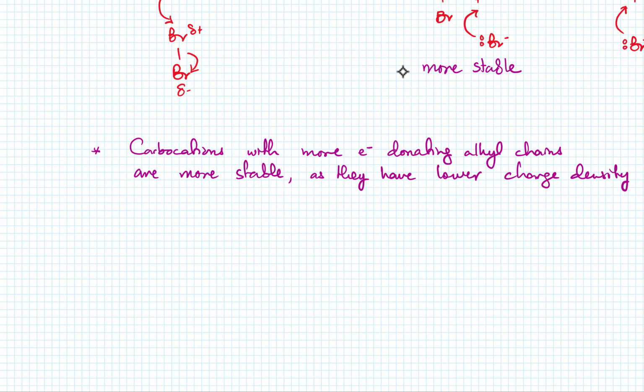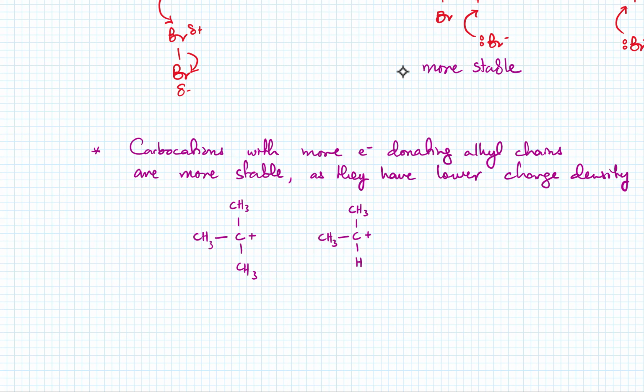For example, if I have a tertiary carbocation, I've got a carbon atom, it becomes a carbocation, and it's got three methyl groups. Then there's a secondary carbocation. I've got a carbocation and it's got only two methyl groups.